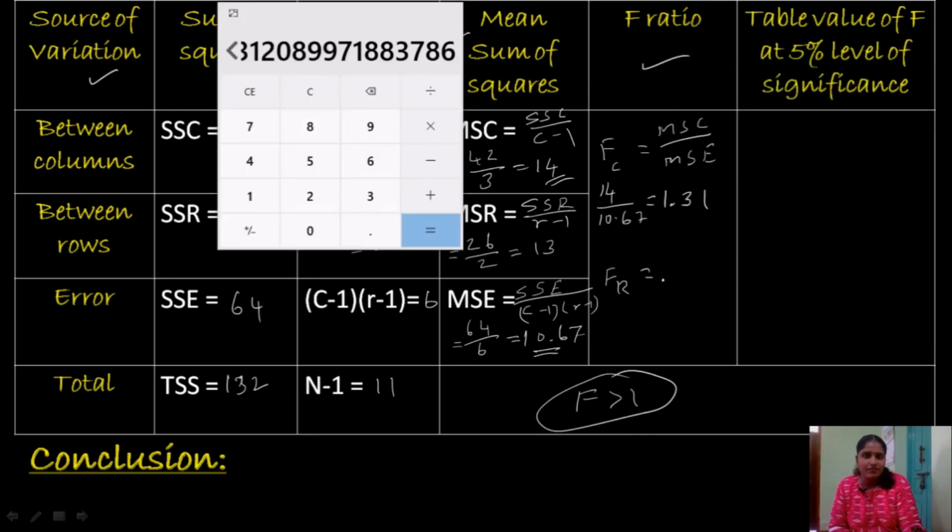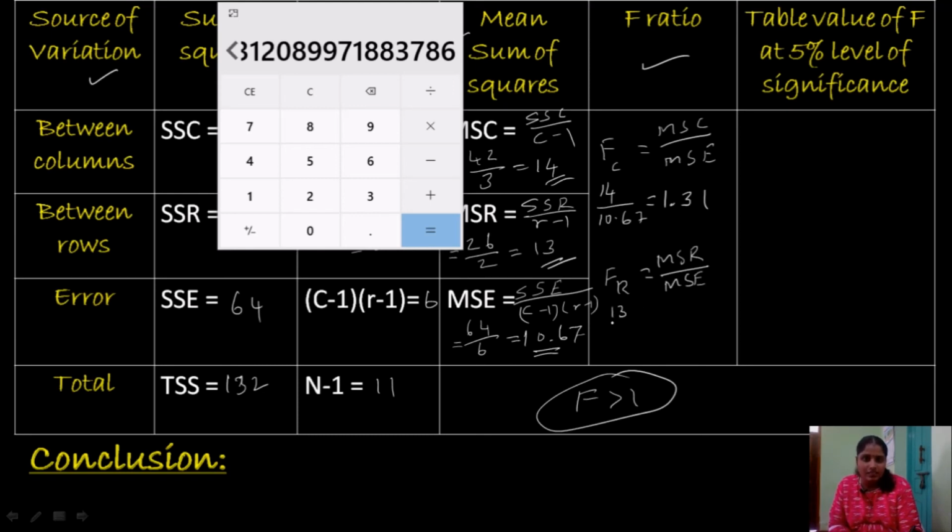Next FR. This is calculated by taking the ratio of MSR and MSE. Next we calculate the F ratio for between rows. For that we have to make the ratio of MSR with MSE. Look at the values here, 13 and 10.67. So MSR has the higher value compared with MSE, so I have to take MSR in the numerator.